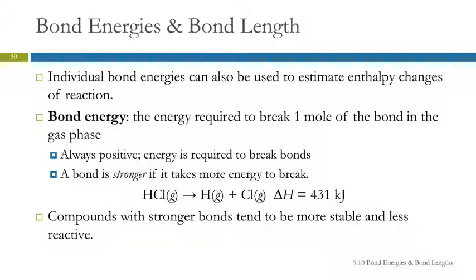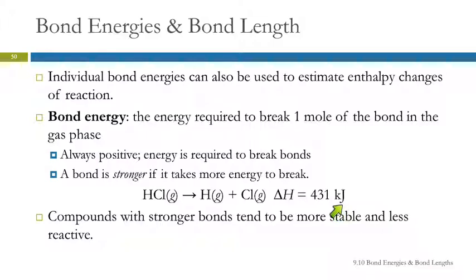Kind of makes sense. So we could look at hydrogen chloride in the gas state, and there's a bond between the hydrogen and the chlorine atom. And if we break that bond, we'd make a hydrogen atom and a chlorine atom, and that would require 431 kilojoules of energy.